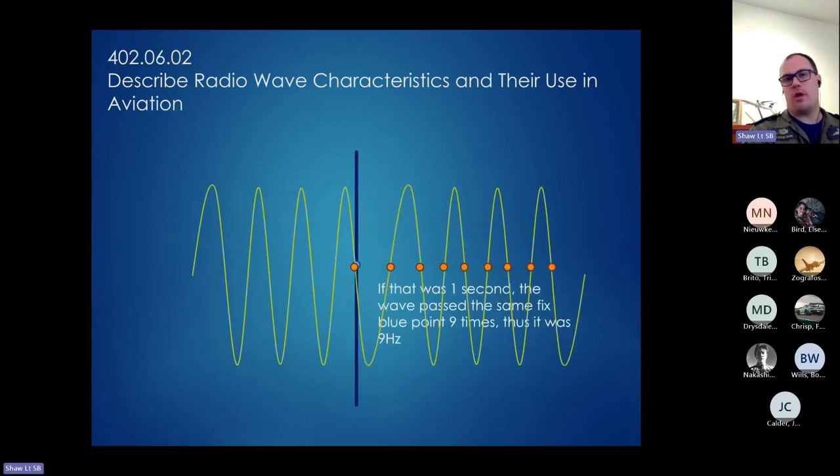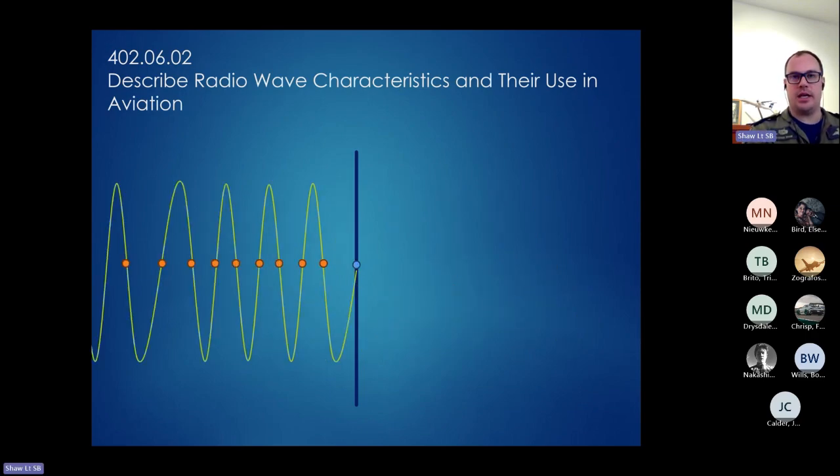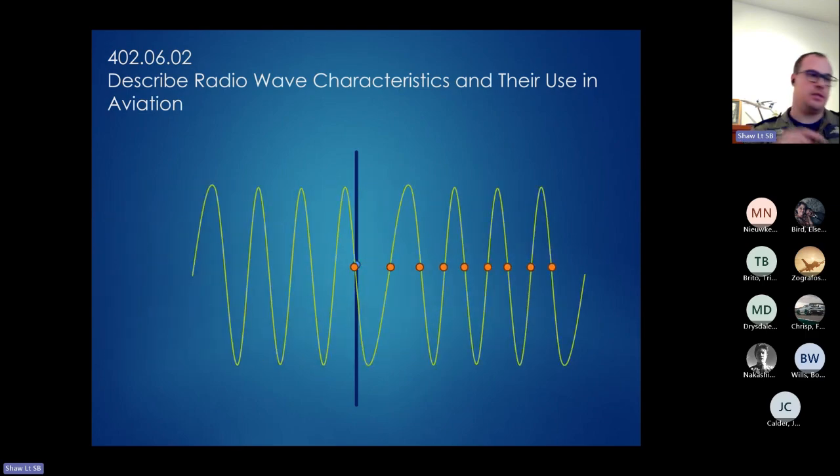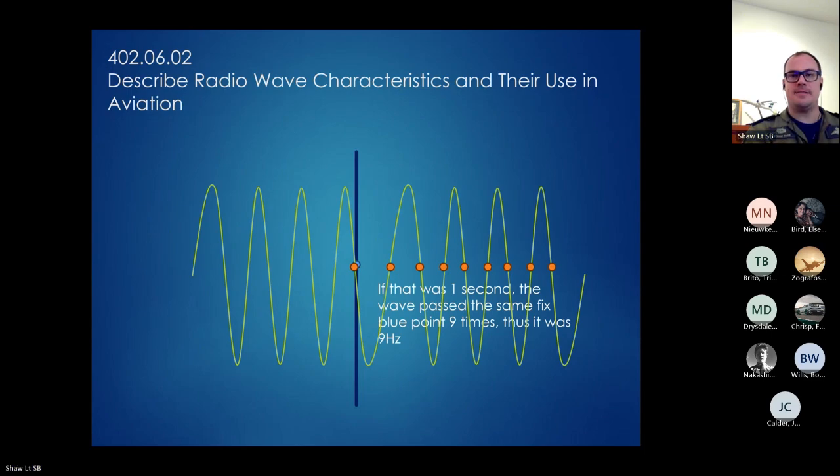That reference is called 1 hertz. Does that make sense? That excludes the time at the start. Every time it passes by after that in the span of 1 second is 1 hertz. This time it happened 9 times in 1 second, so it's 9 hertz. It's written Hz, capital H, lowercase z. Any questions on hertz, how we measure it? That's what's called a frequency, radio frequency.